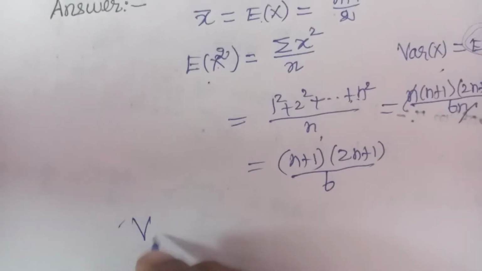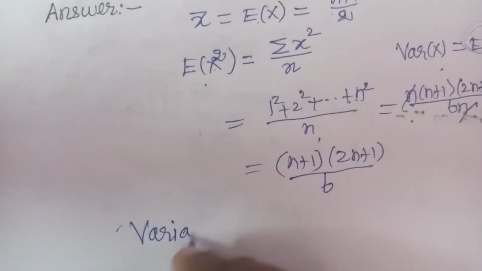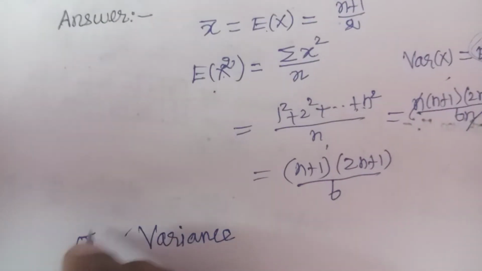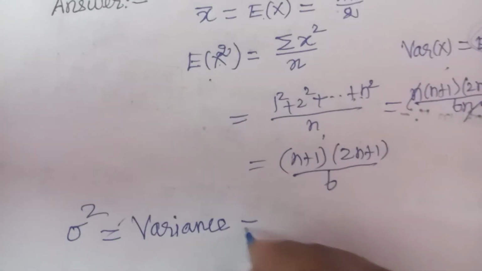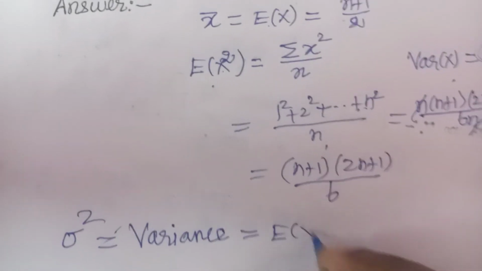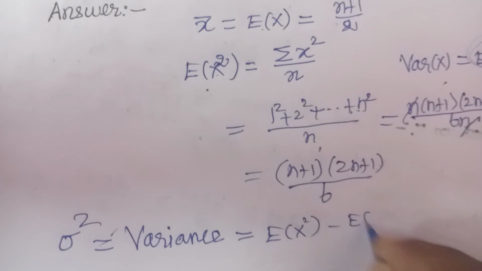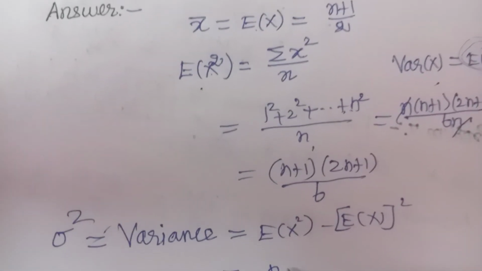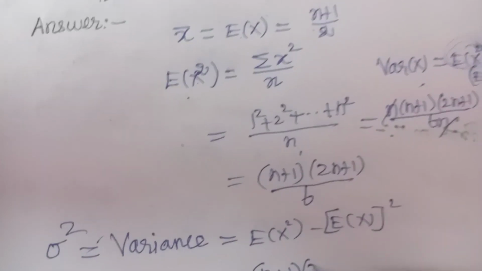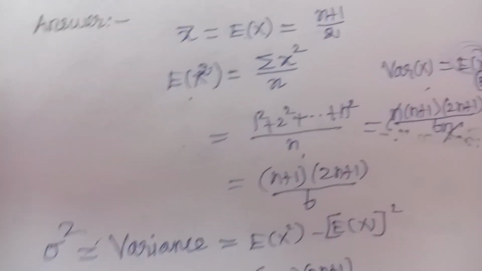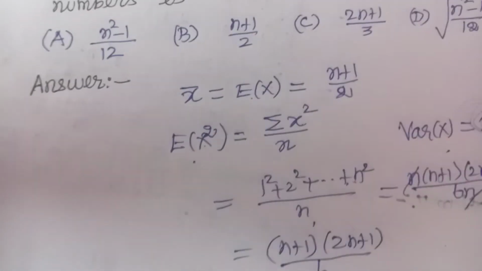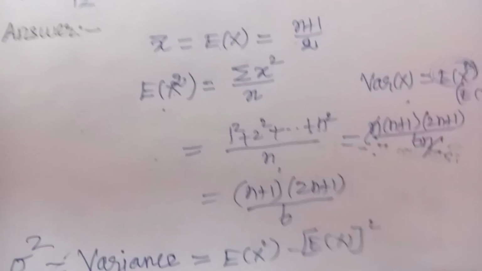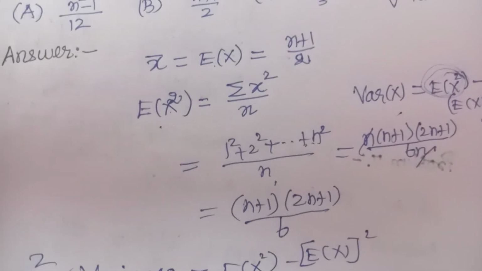Now the variance, sigma square, is equal to expectation of x square minus expectation of x the whole square. Substituting, we get (n plus 1)(2n plus 1) divided by 6 minus ((n plus 1) divided by 2) whole square.